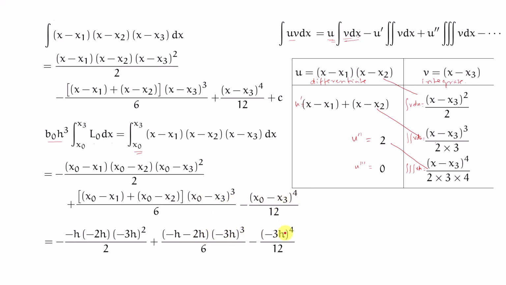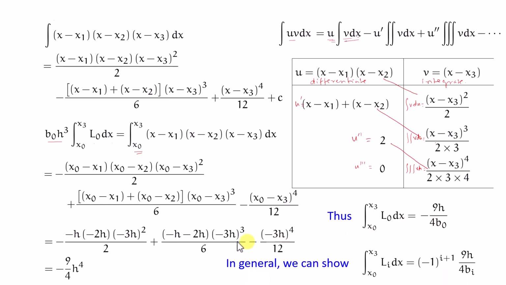Here again x0 minus x3 is negative 3h. So this is an expression of h. If you simplify, you will get negative 9 by 4 h to the power 4. Therefore, b0 h cubed times the integral of L0 dx is minus 9 by 4 h to the power 4. That gives us the integral of L0 dx from x0 to x3 as minus 9h by 4 b0.